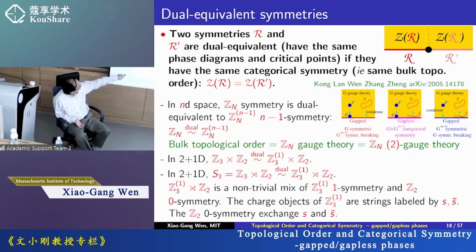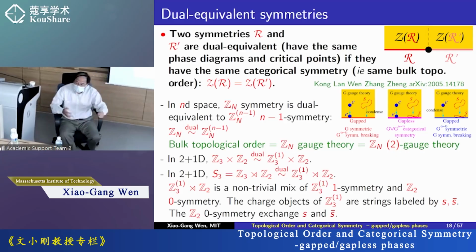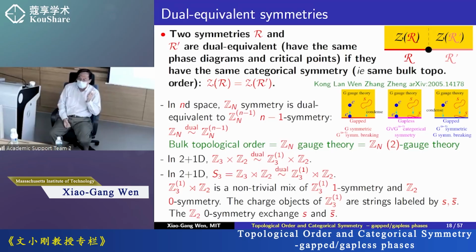The dual of a G symmetry is a higher symmetry, but not quite. When I say higher symmetry, I kind of assume there's a higher group describing that, but this one is beyond the higher group. So this is a non-invertible symmetry.